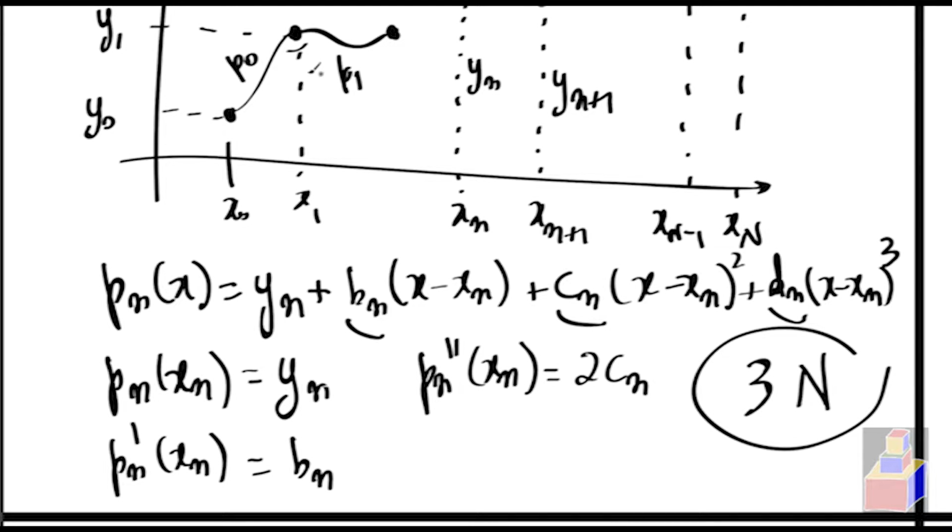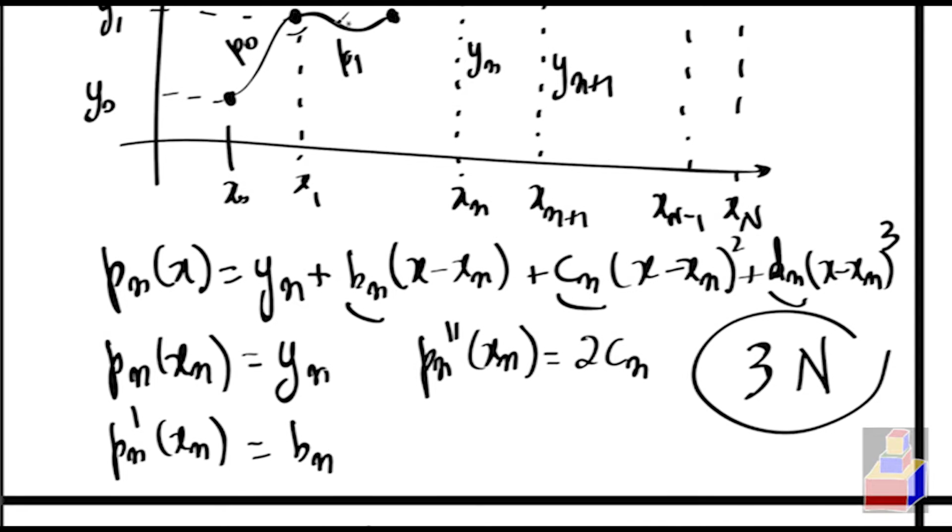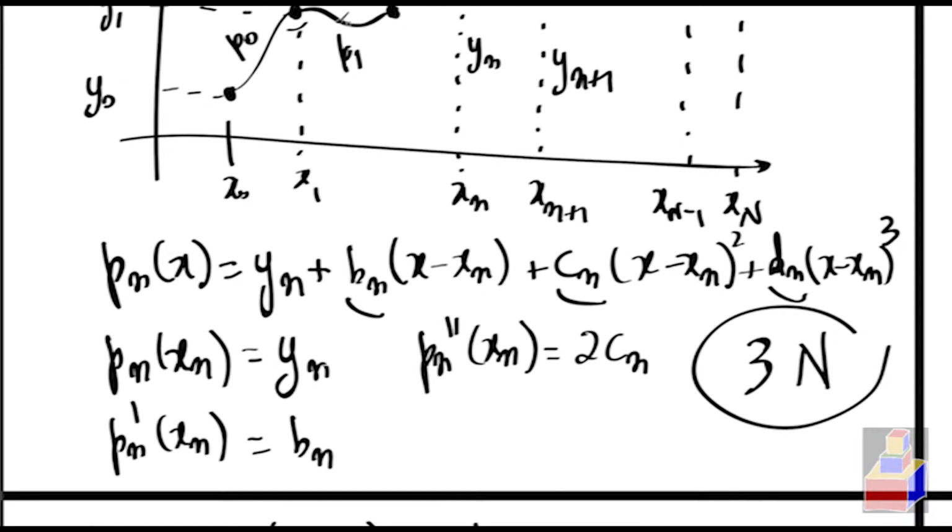So, for instance, we can say that P0 prime at x1 equals P1 prime at x1, and so forth.